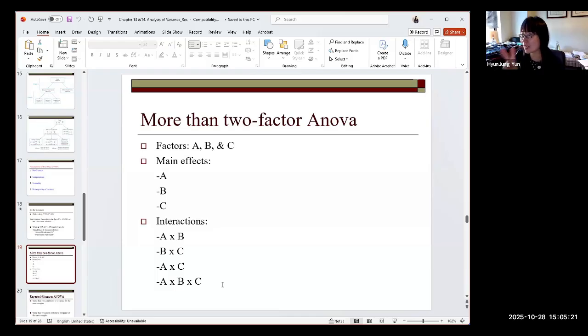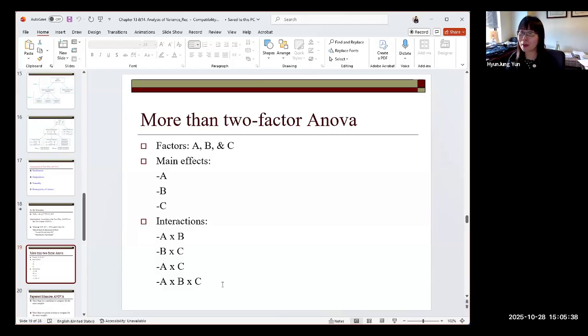Those are the two interaction terms I want to report, and they are theoretically important for my hypothesis and my research. So you can select which interactions you want to run.